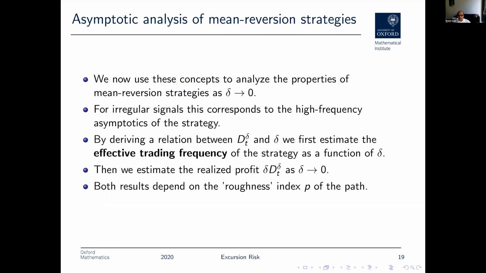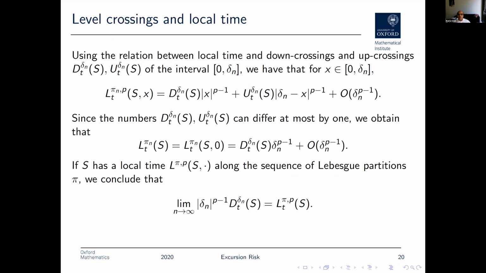And we're going to estimate that precisely. And then we're going to estimate the realized profit, because every time you trade, you make a profit delta. So delta times the number of delta excursions is the realized profit. And we're going to see how that behaves as delta goes to 0. And both of these things, as we will see, will depend on the roughness index of the path, which we call p.